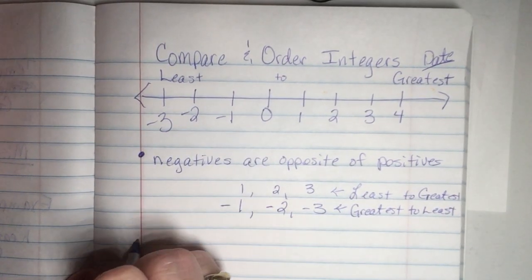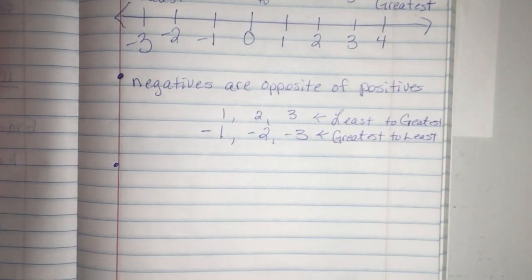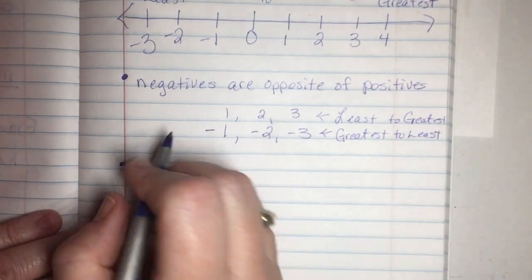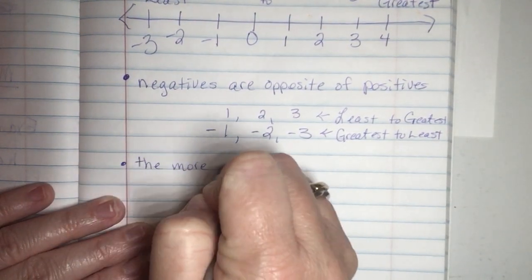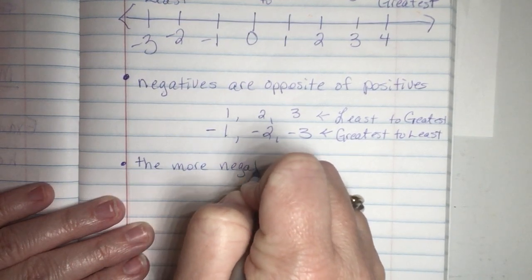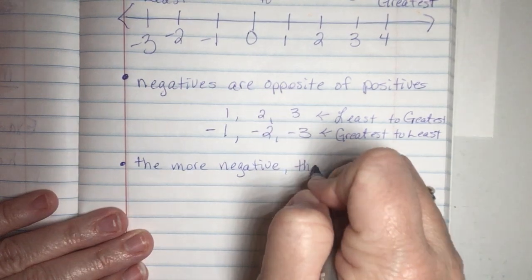Another thing that we can think about is that the more negative a number is, the smaller it is.